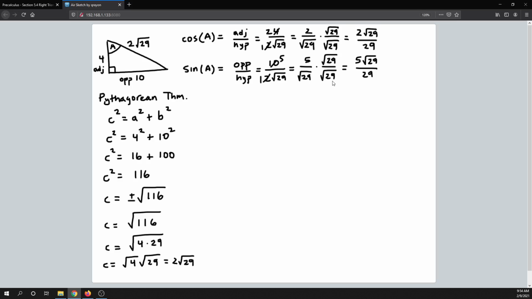All right, tangent is opposite over adjacent. So the opposite is 10. Adjacent is 4. And again, we have a common factor of 2. So 2 goes into 4 2 times. It goes into 10 5 times. So this comes out to be 5 halves.